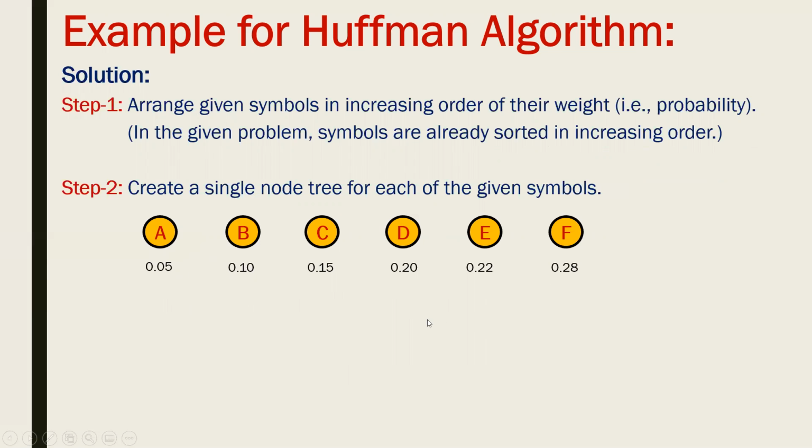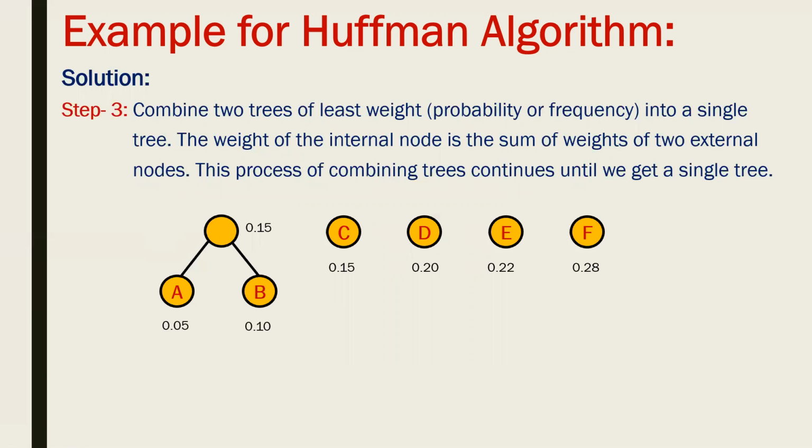Therefore, we combine these two symbols and generate a single tree. A and B are known as leaf nodes, and this node is known as an intermediate node. The weight of this node is the sum of the weights of the leaf nodes: 0.05 plus 0.10 means 0.15.